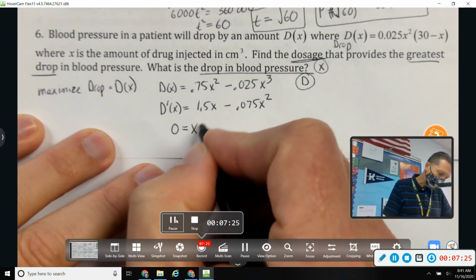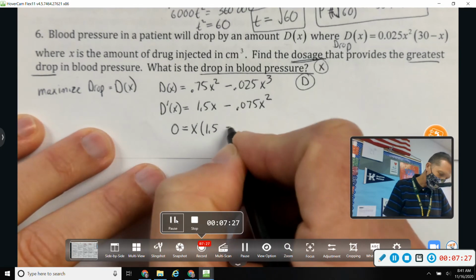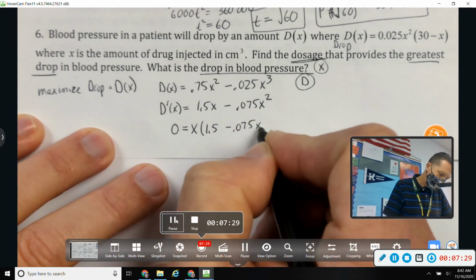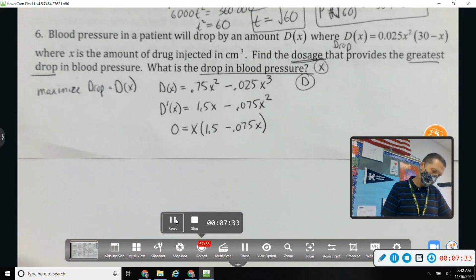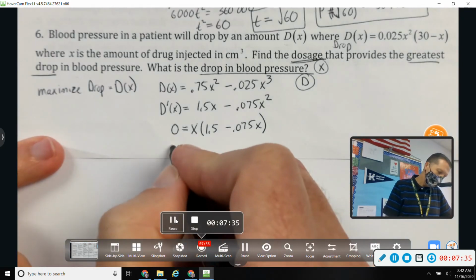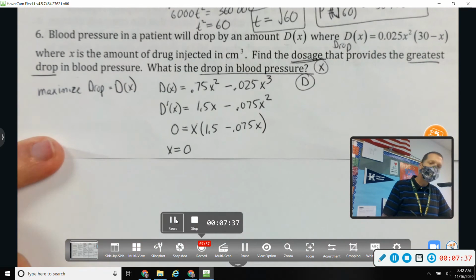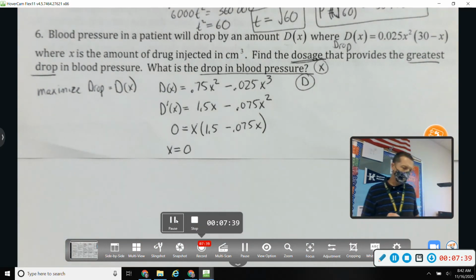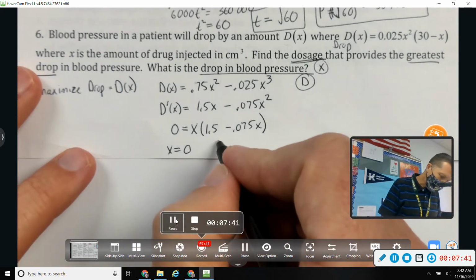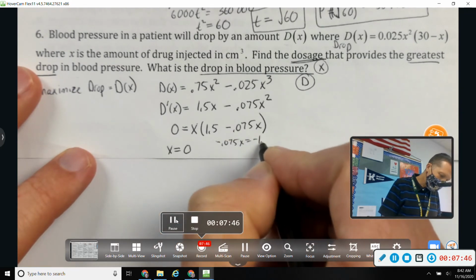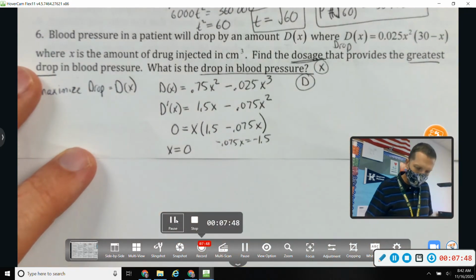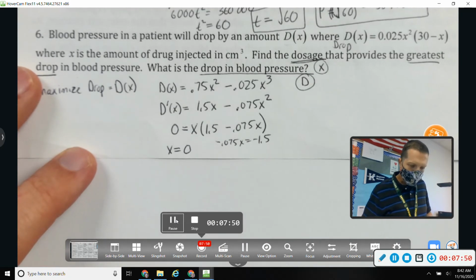I'll factor out an x. X equals 0 is one answer. The other answer is 1.5 divided by 0.075, which is 20.